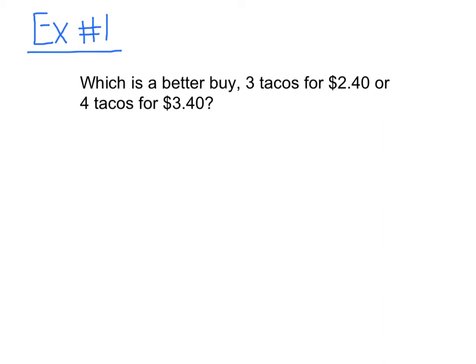Example number 1. Which is a better buy? 3 tacos for $2.40 or 4 tacos for $3.40. So since we're trying to find the unit rate, we have to get it to 1.